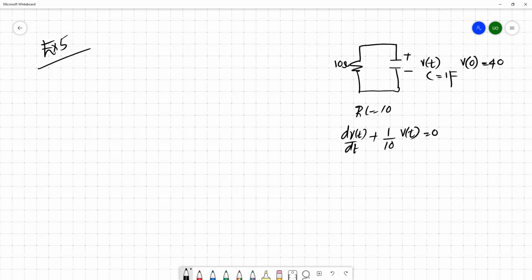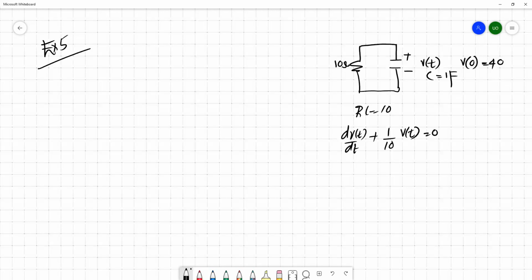If you have multiple resistors and capacitors, sometimes this is not the exact differential equation which explains the voltage across the capacitor. So be very precise about whether this formula or differential equation is valid for whatever circuit you are referring to.